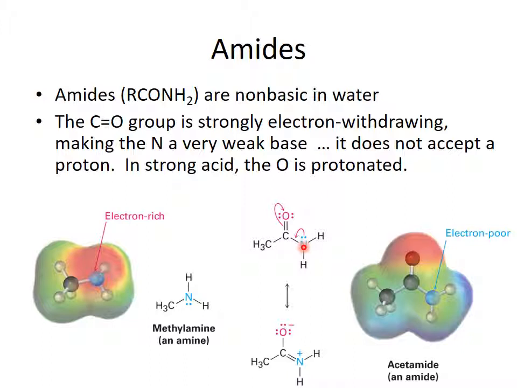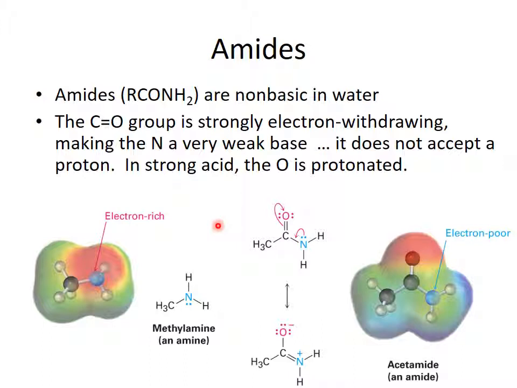These are non-basic because the non-bonding pair here gets tied up in the pi system of the carbonyl. So we consider amides to be non-basic. Amines are basic. The carbonyl has a tremendous effect on that non-bonding pair and makes it non-basic.